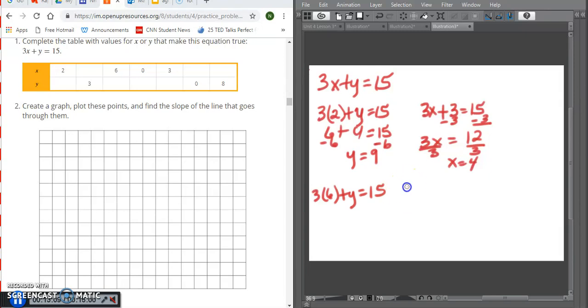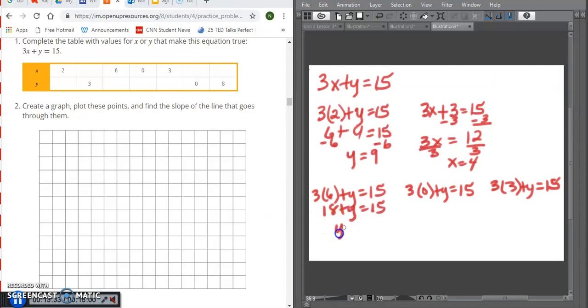Then I'll plug in a 0. 3 times 0 plus y equals 15. Then I'll plug in a 3. 3 times 3 plus y equals 15. So right here, I'm going to get 18 plus y equals 15.